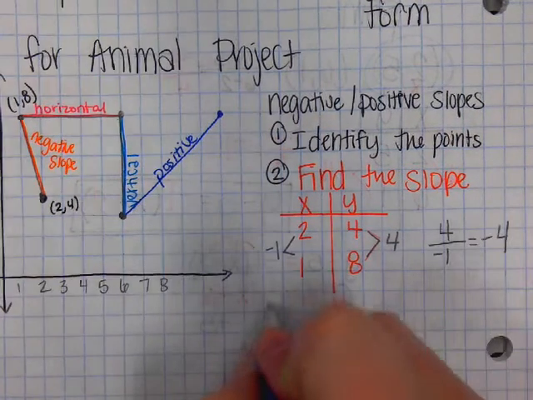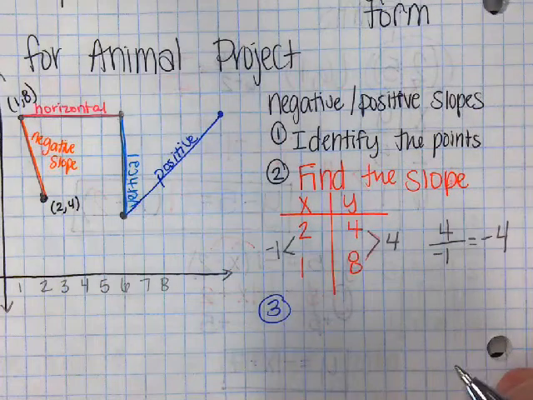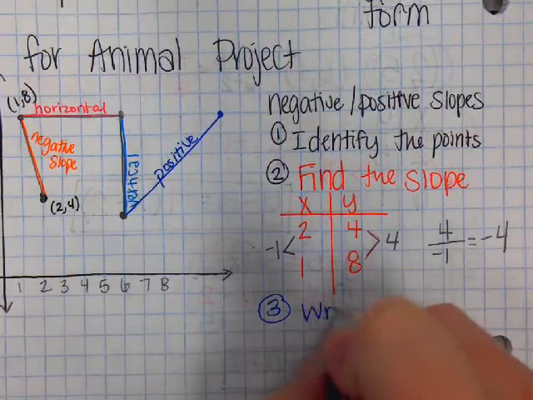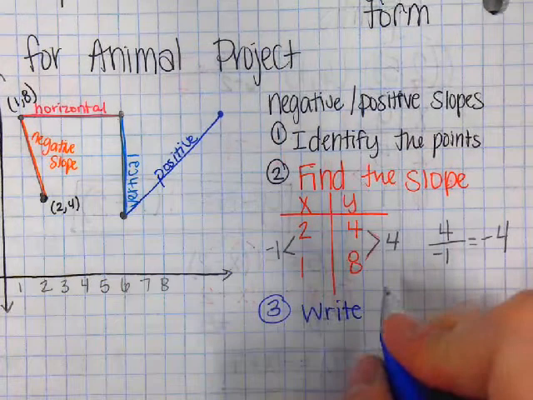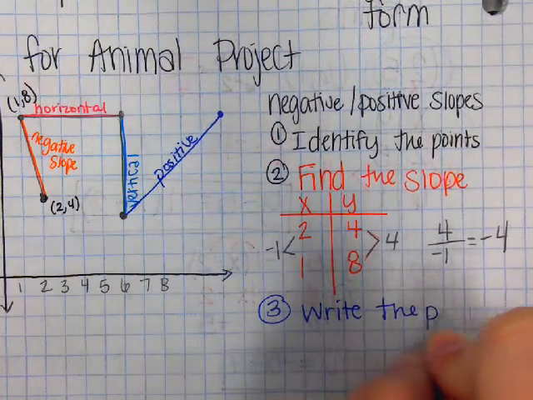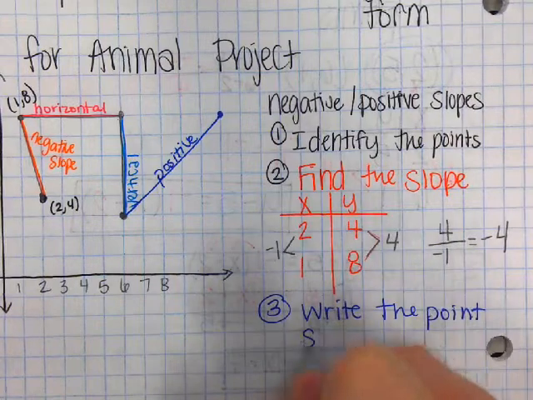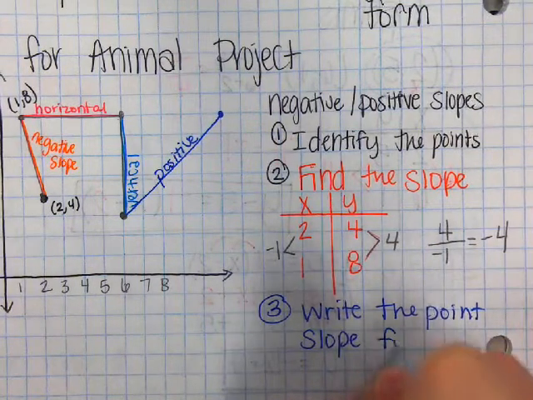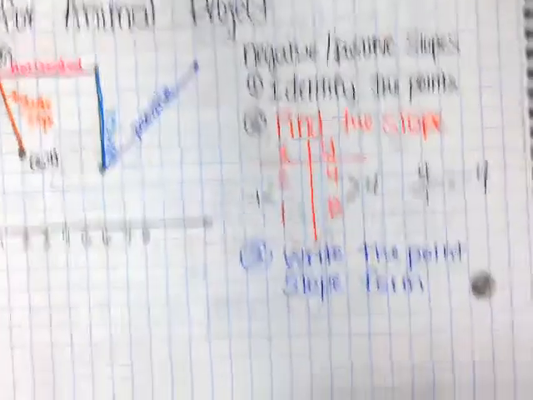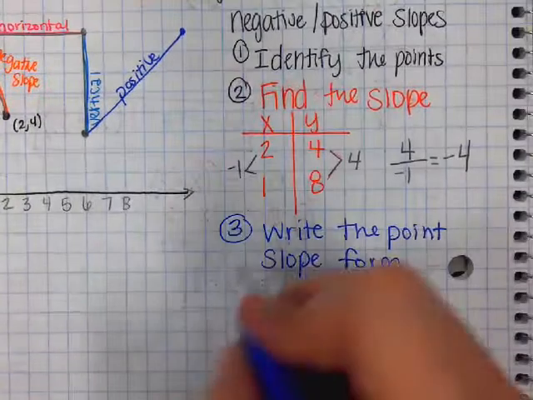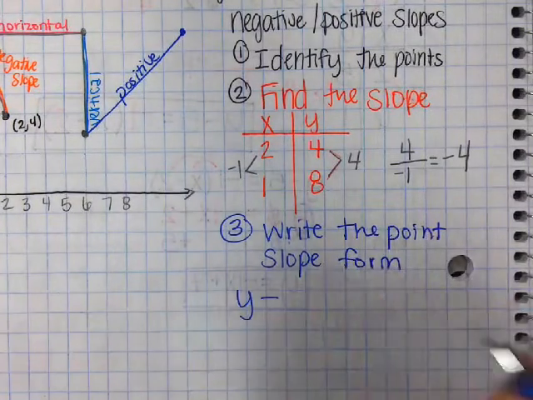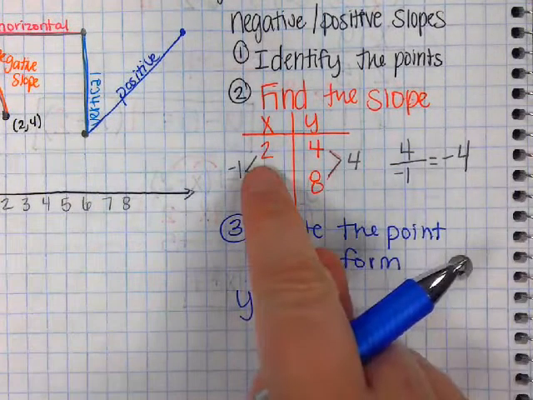Okay, step 3, you're going to write the point slope form. So it would be y minus the y coordinate.